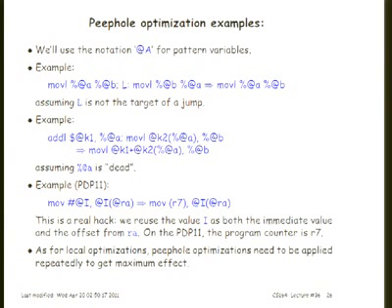This is a real optimization, by the way. It was done by a certain compiler from my graduate student days. We had a compiler at Carnegie Mellon that was doing this sort of thing.